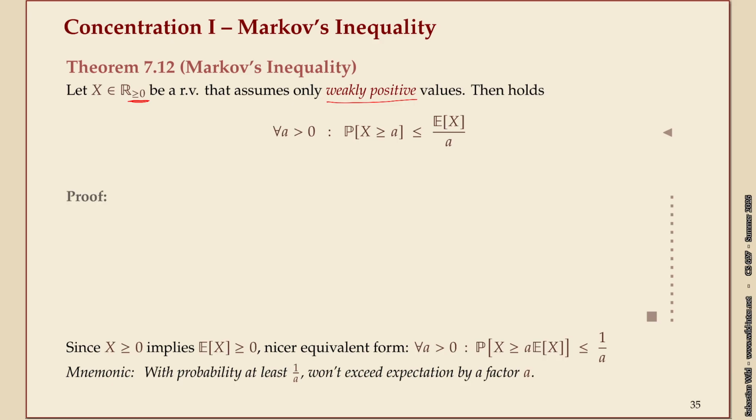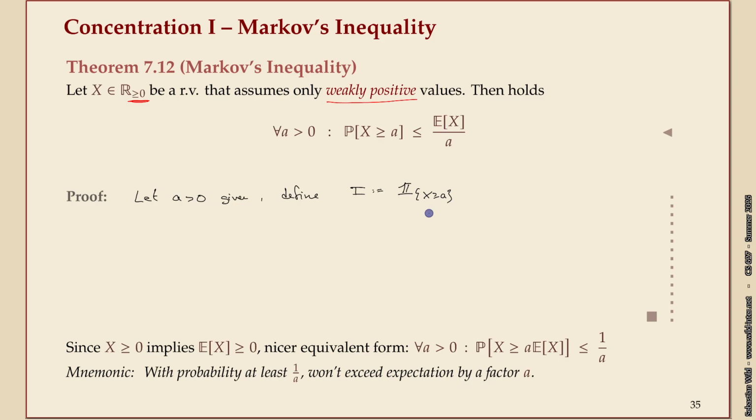Let me prove it first, and then we'll come to what it means. The proof is really kind of cute. So we have this a given, and it's greater than 0. And then we define some event or indicator random variable, the indicator of X being greater than a.